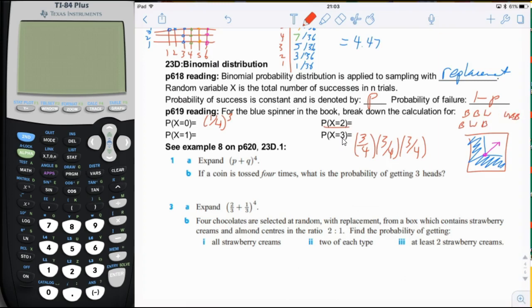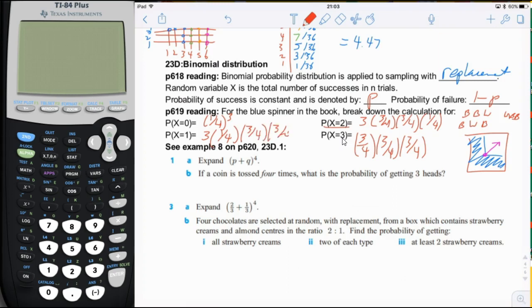So there's 3 ways of getting that. So you have to multiply the 3/4, 3/4, 1/4 by 3, because there's 3 ways of that happening, right? Same thing with this one, except instead it's going to be 3 times 1/4 times 3/4 times 3/4.